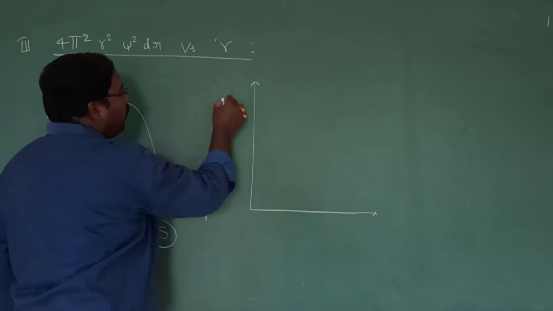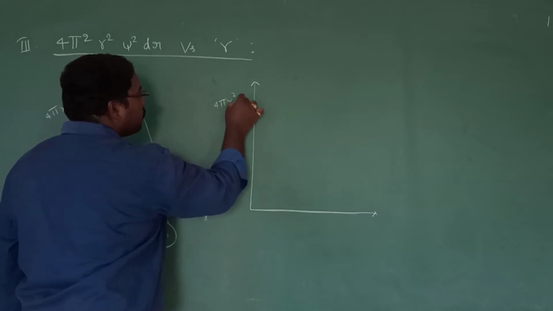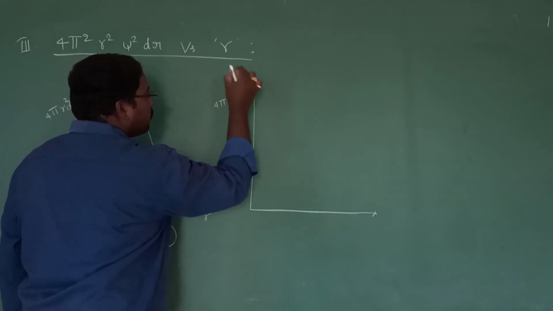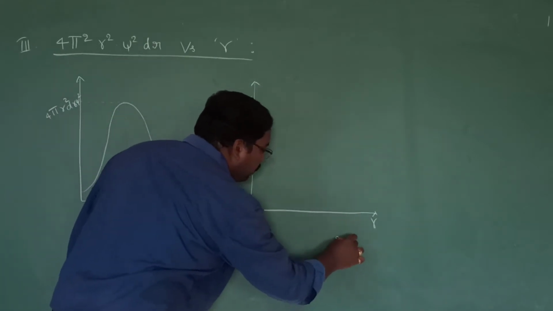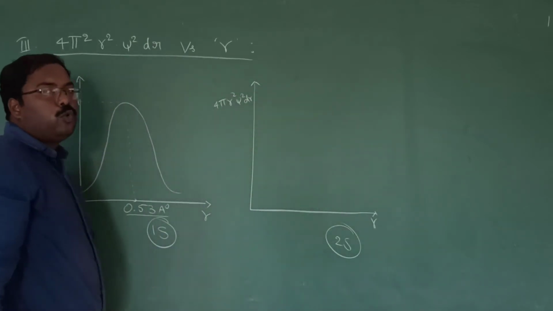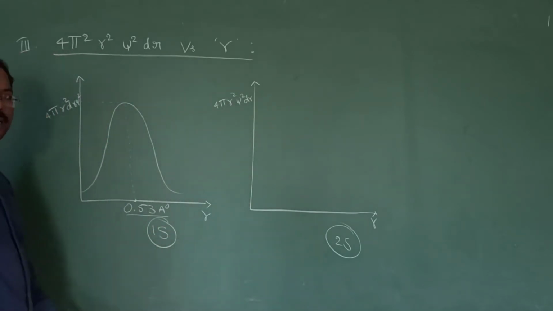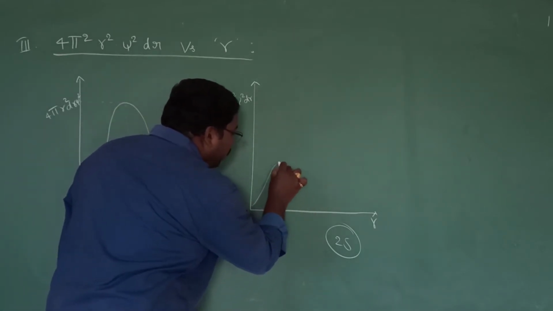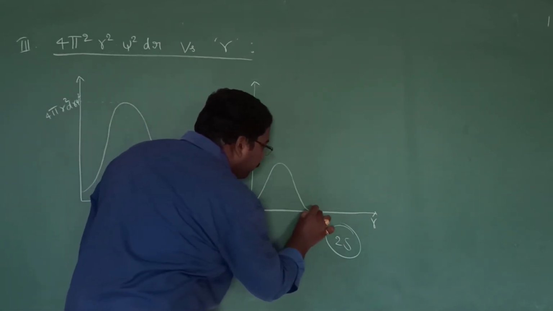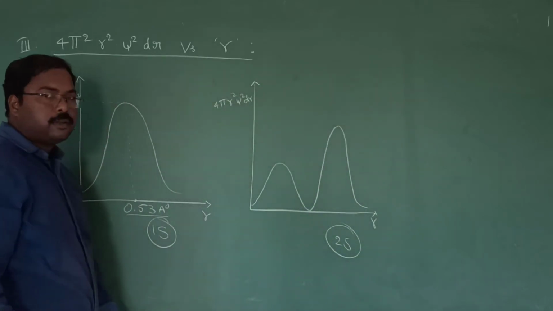Now coming to the graph drawn between the probability function versus r. This is for the 2s orbital. For the 1s orbital, we got the graph like this. Coming to the 2s orbital, they got the graph in this manner. Okay?